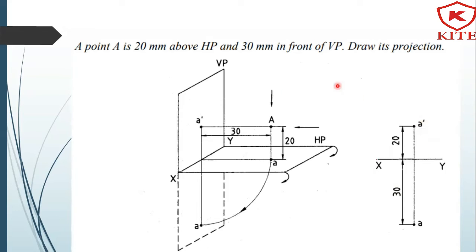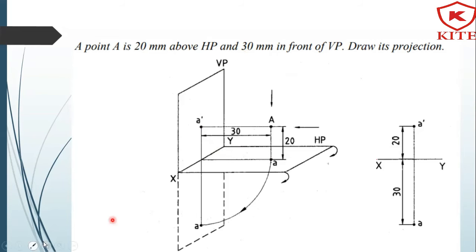Here it is already mentioned 20 mm above HP, so A dash is 20 mm above the XY line. And 30 mm in front of VP.